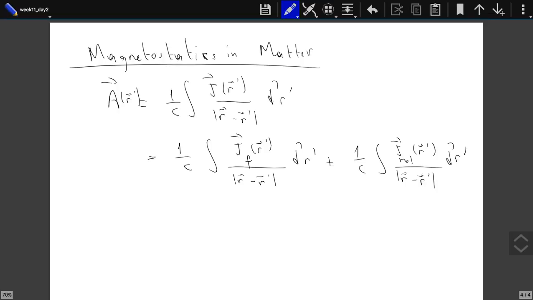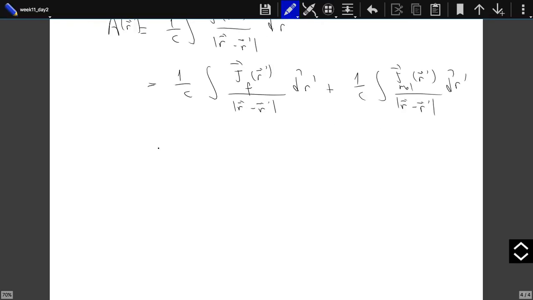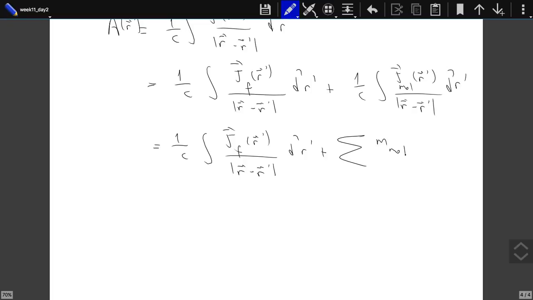For this molecular current density, we can make a multipole expansion, and we have seen that we can write it in the form: the integral of J_free over R minus R prime, d cubed R prime, plus, let's say, a sum over the molecules, with m_i at the location R_i, cross R minus R_i, divided by the cube of R minus R_i.